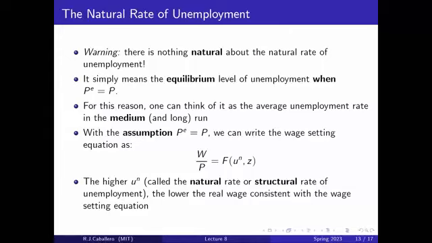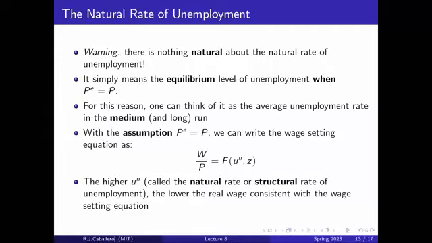And when we have that condition, then we can think of the real wage demanded by workers, because I can replace expected price with actual price and divide both sides by price. So the real wage demanded by workers is equal to a function of the natural rate of unemployment. And I put the n there precisely because I replaced expected price with P, for no other reason, okay?